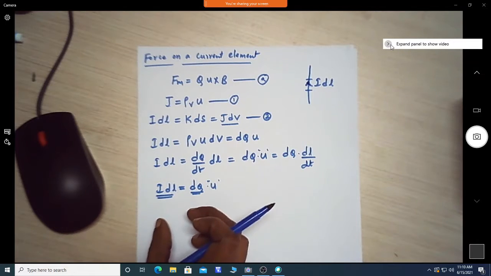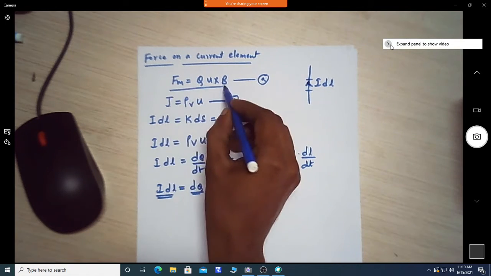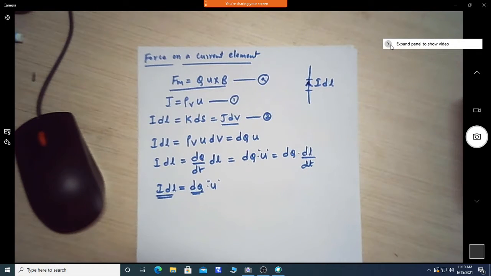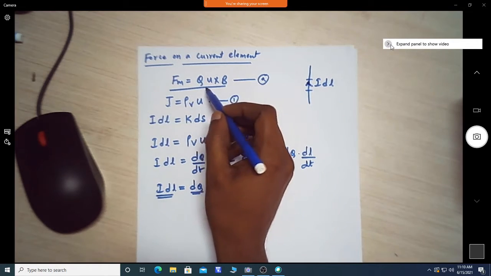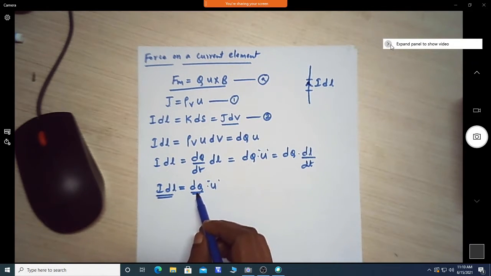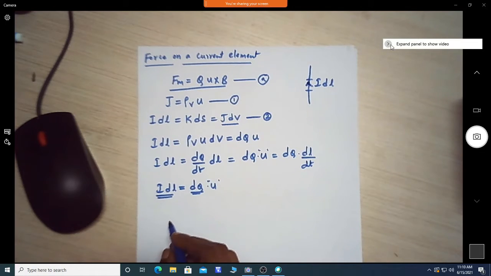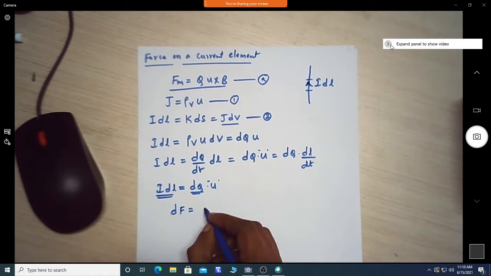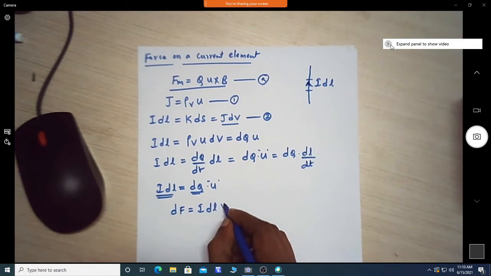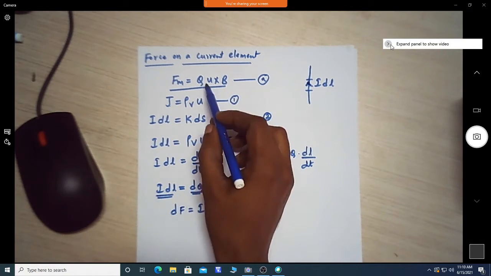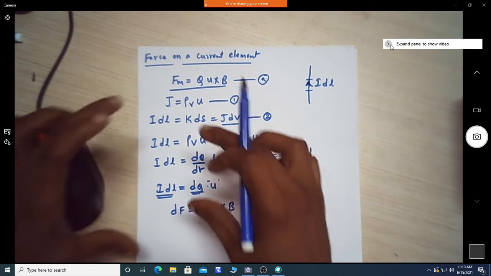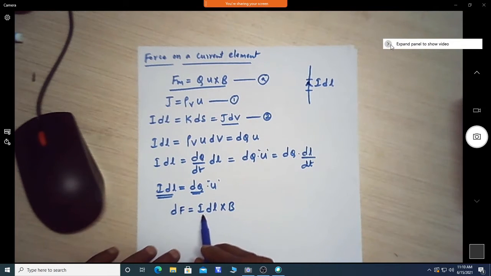So now we can find the force on the current element I dl due to the magnetic field B, which we can find from this equation. By replacing this I dl in place of Q u, we are going to get the differential force on the current element, which is equal to I dl cross B. Okay, so this Q into u we are replacing with I dl.